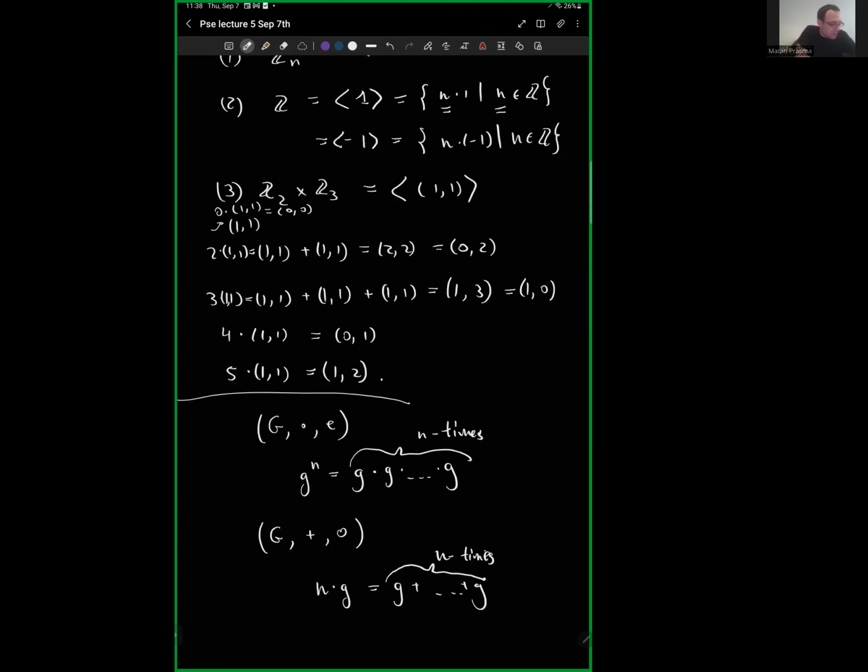So when I write here 0 times (1, 1), it really corresponds to what we called G to the 0, which is always E. Okay, makes sense.